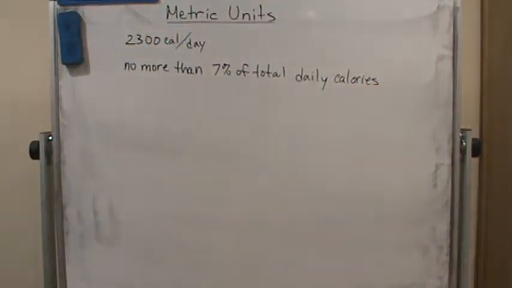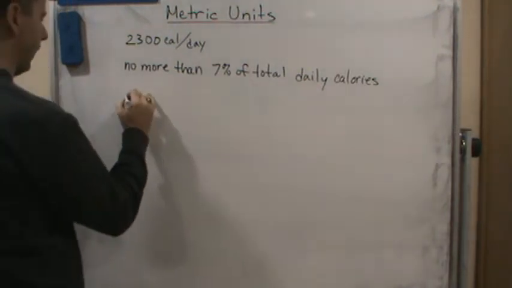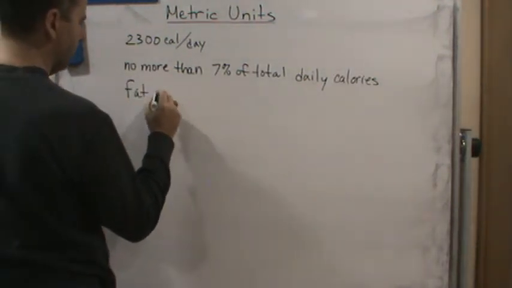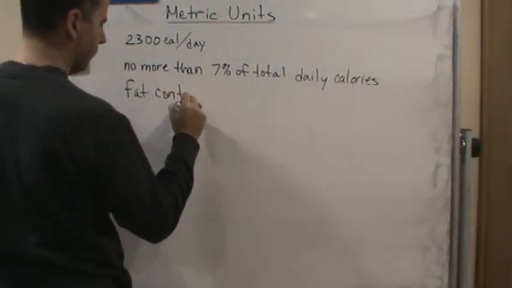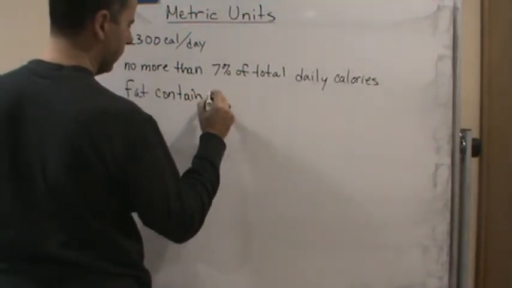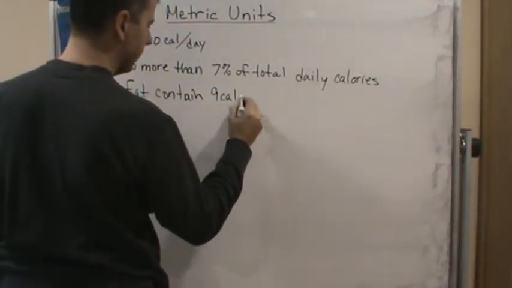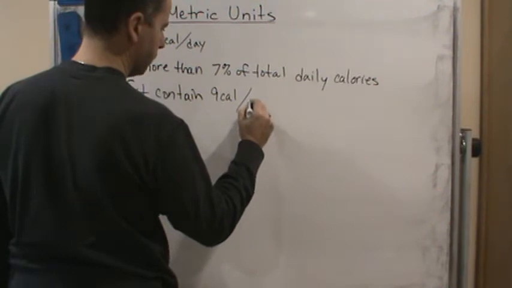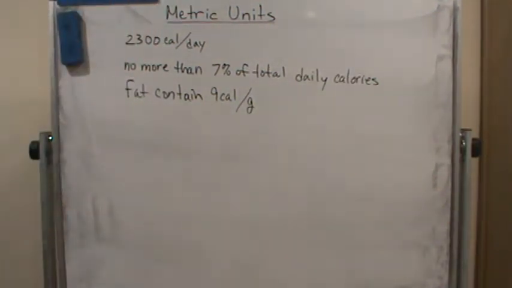All right. Let's see, it says fat contains 9 calories per gram. That is correct. So fat contains 9 calories per gram. All right, good.